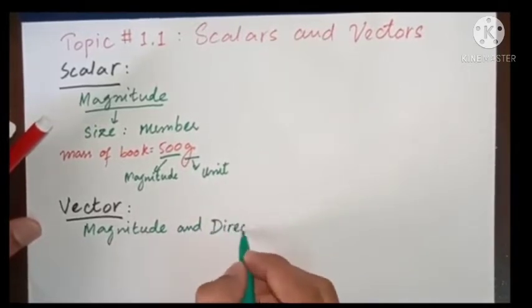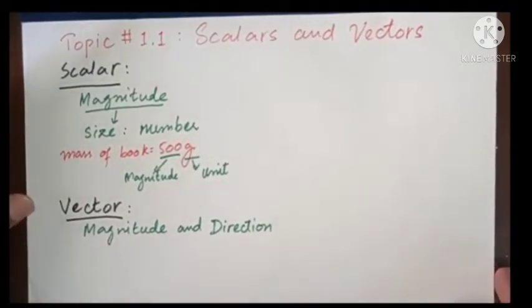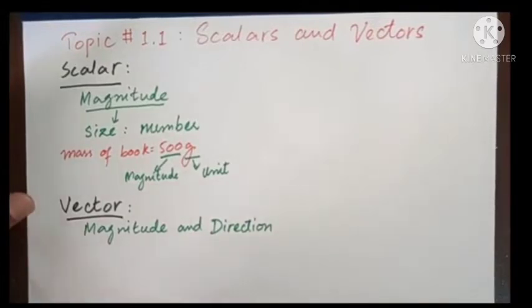If any one of these things is missing, a vector cannot be specified. Or we can say a vector quantity is described completely only if the magnitude and direction both are stated.